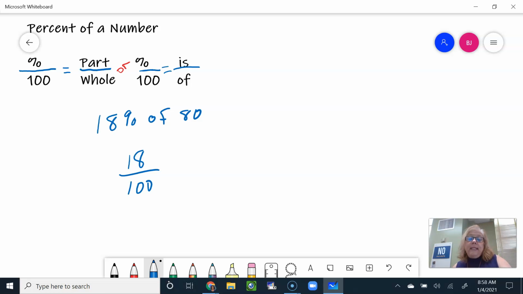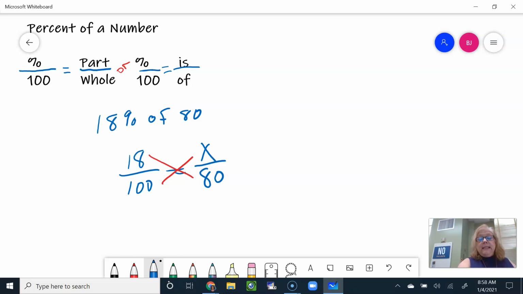We're trying to find 18% of that whole. Well, the whole, or the of, is 80. And we're trying to find this x. Remember with last semester we talked about how to find the x in a problem like this. You are going to do our cross product, and then you're going to divide.